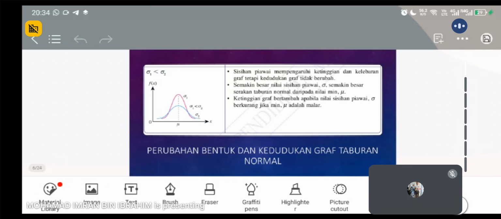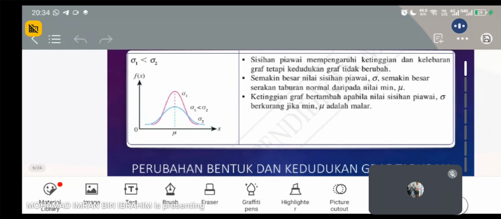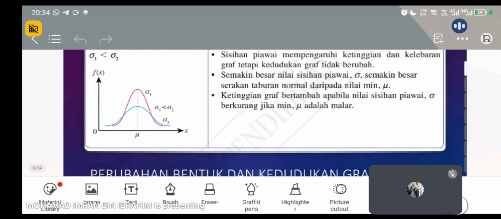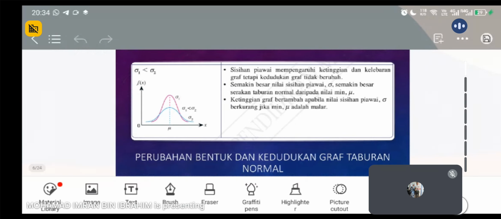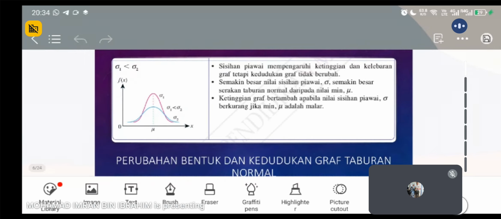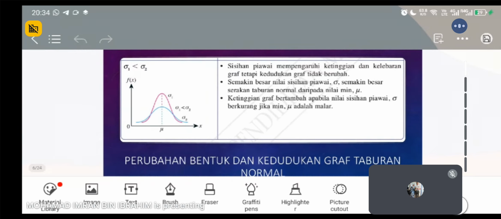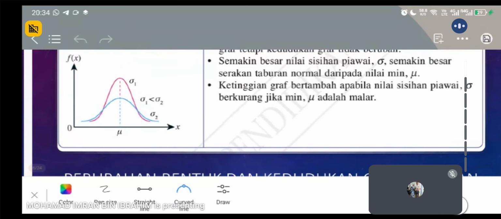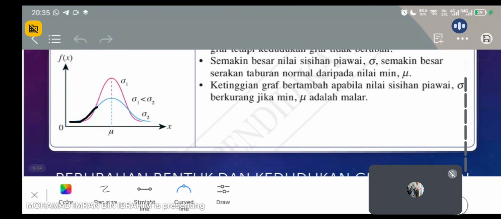Okay, next we have sigma. So the shape and position of the graph are also influenced by sigma. So the larger the amount or the value of sigma, the wider, or more evenly distributed, this part of the graph is. If you see that here, we clearly know that it is lower and distributed like this.